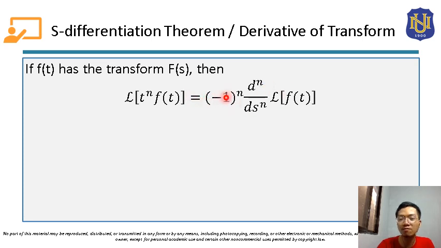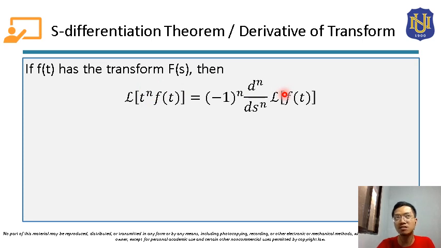So this will be negative 1 raised to n, wherein n here is from the exponent of t. If the exponent of t is just 1, this will just be 1. If the exponent of t is 2, this will be 2. And then we have here the derivative with respect to s with order n. So our order here will depend on that.